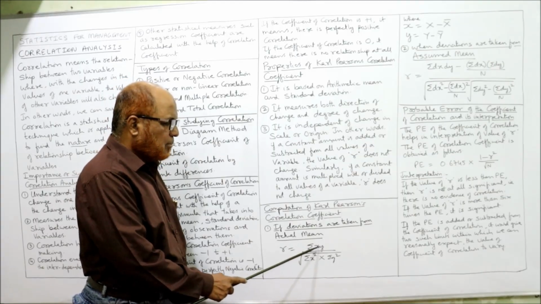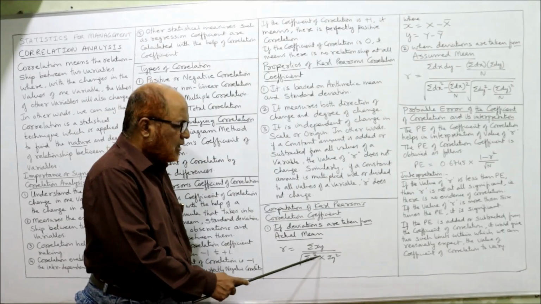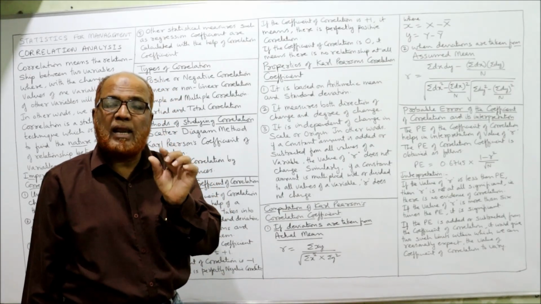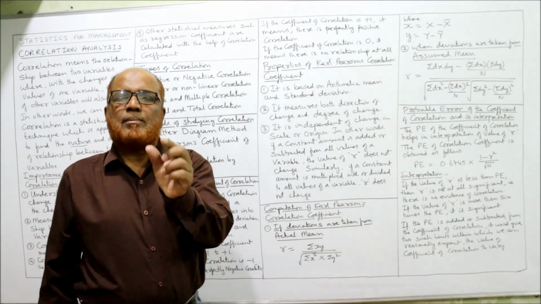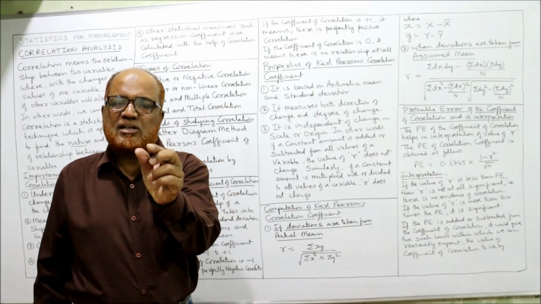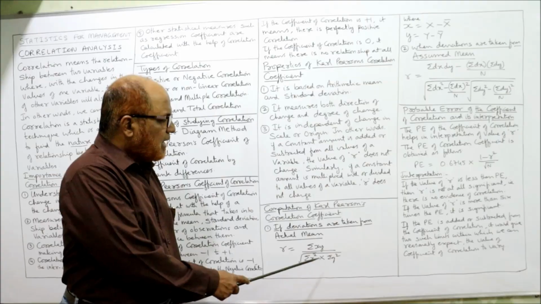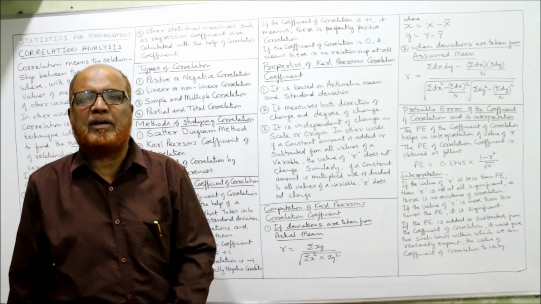Take the deviations from the actual mean and apply this formula: r is equal to summation xy divided by the square root of summation x square into summation y square. Small x, remember, not capital X, small xy. This formula will be applied when deviations are taken from the actual mean.